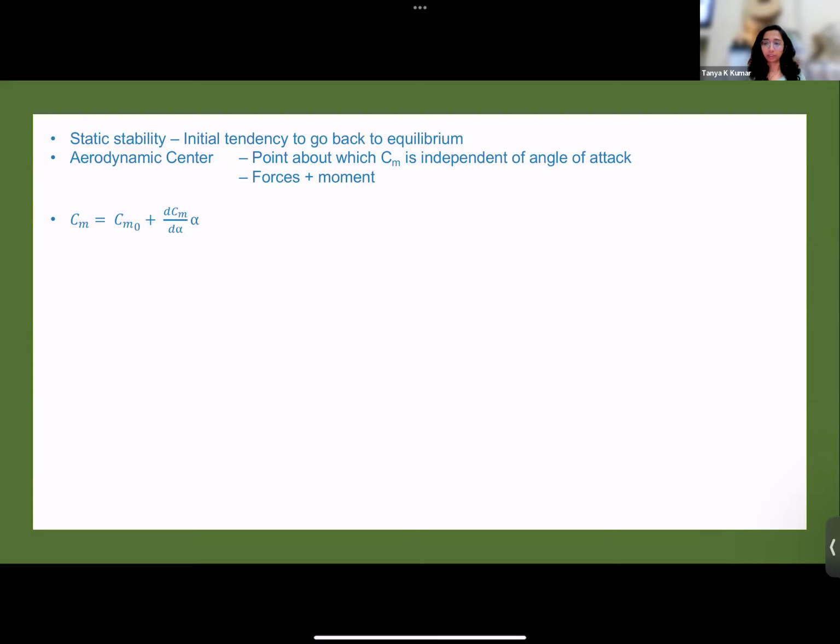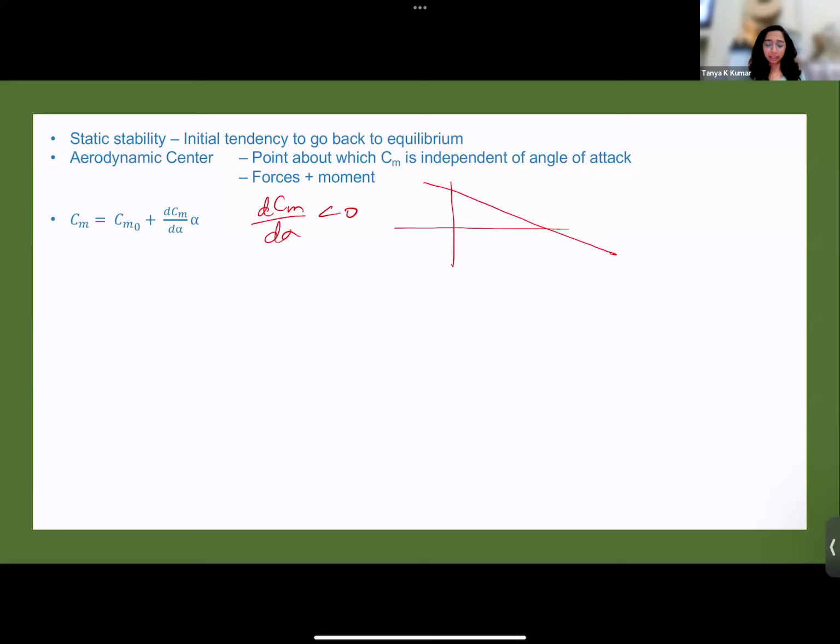So what was the condition? dCm by d alpha should be negative, correct? Yes. So dCm by d alpha should be negative. So your graph will look something like this.